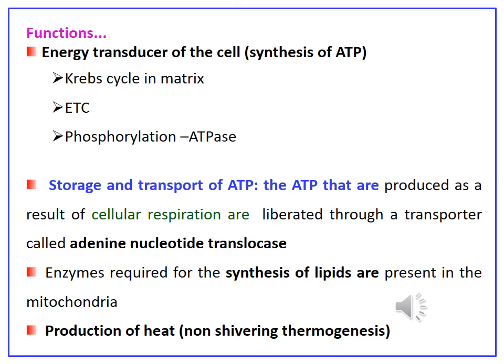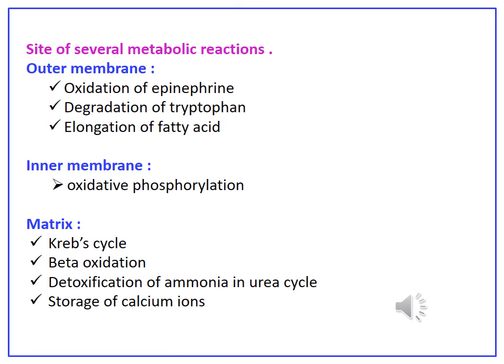The mitochondrial enzymes are also required for the synthesis of lipids, and for the production of heat to maintain thermogenesis. The mitochondria are the major site of several metabolic reactions. The outer membrane is the major site of oxidation of epinephrine, degradation of tryptophan, and elongation of fatty acids.